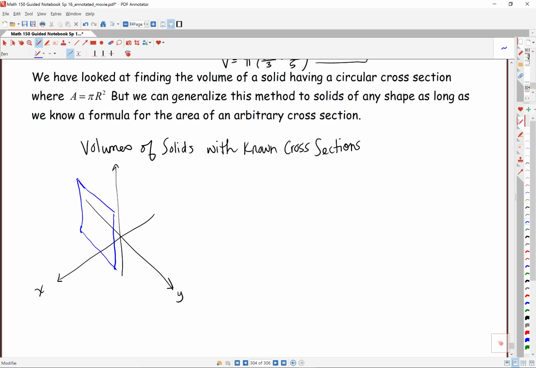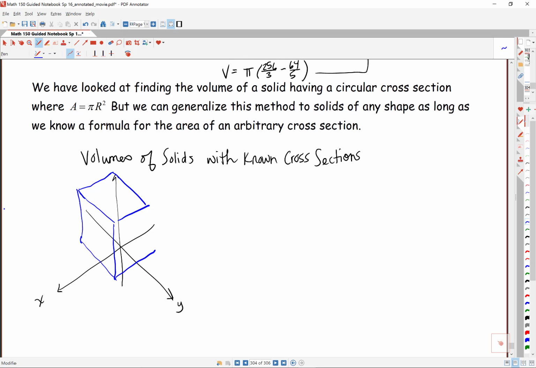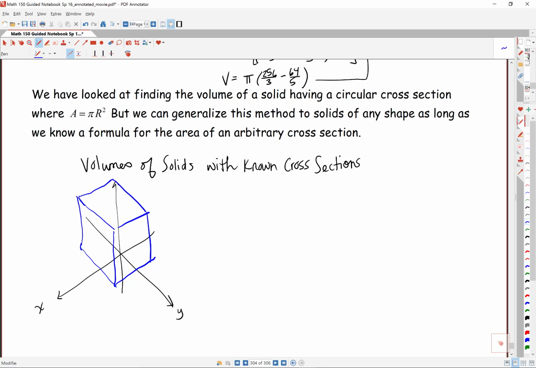Okay. I'm going to do just a real simple sketch here, so I don't ruin the whole thing here. So basically, any cross section, okay, and this guy is perpendicular to our, let me do this somewhere else.